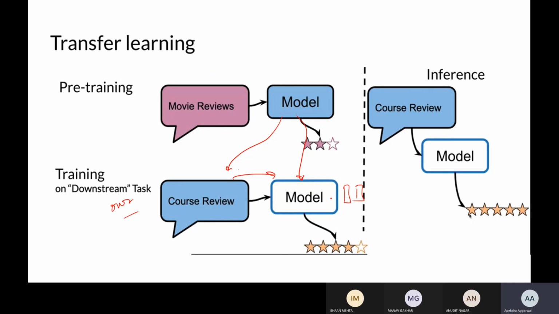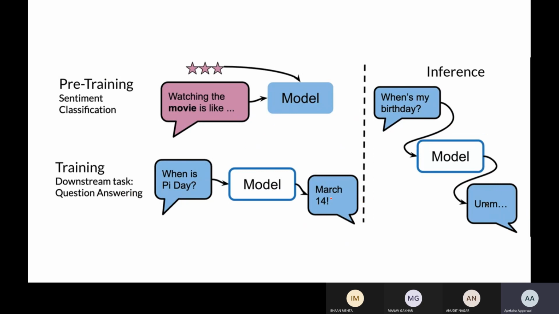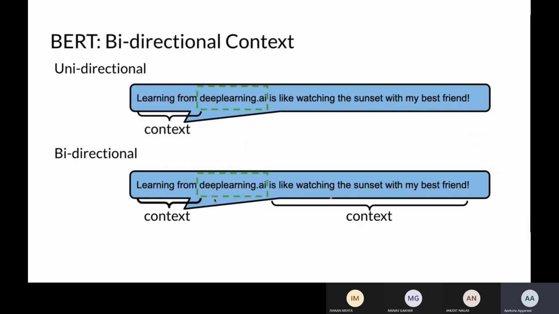So let's see. Now let's move on to BERT. So BERT is nothing, it's just bi-directional. First is bi-directional. So if I'm talking about bi-directional context, suppose this is my intermediate word, so left context is also important and right context is also important.